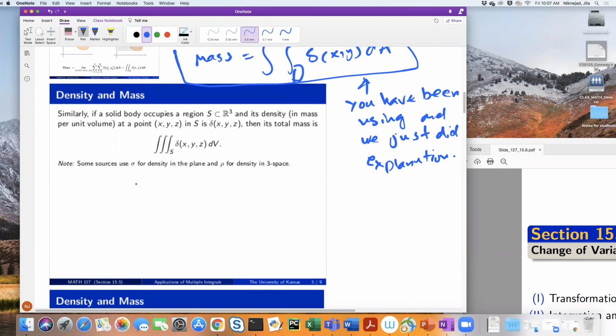So now, the same thing is true. That was for 2D, for a lamina.